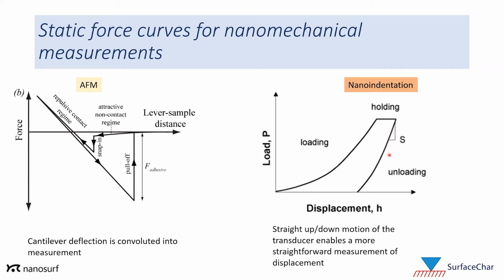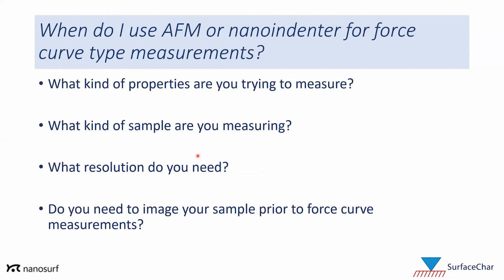You can also get information from the hysteresis between your loading and unloading portion of the curve as well. But again, the straight up-down motion of the transducer enables a much more straightforward measurement of your displacement. But these are the hearts of the various measurements that we're going to be discussing today.